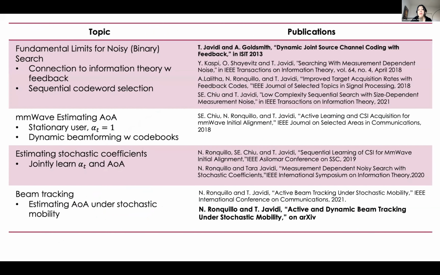This is a long list of publications that we have had on this topic. The reason I put it up is to refute what Robert was saying, that theory is easy and fast. The first paper that we posed was an information theoretic version of this, connecting joint source channel coding with feedback to this tracking problem, where you can think of the source coding part as the sensing and the channel coding part as what allows you to communicate.